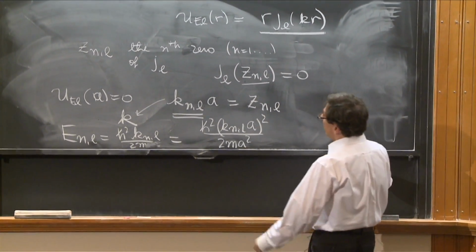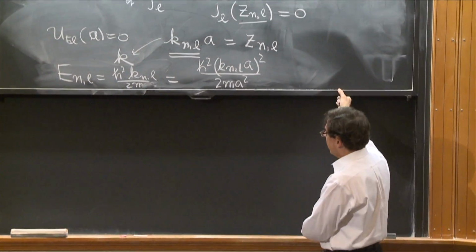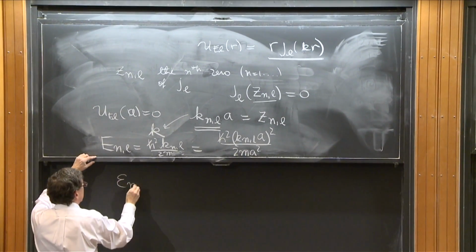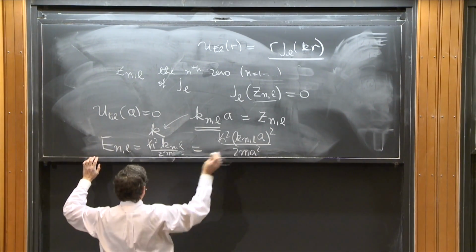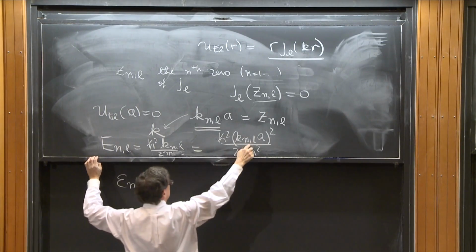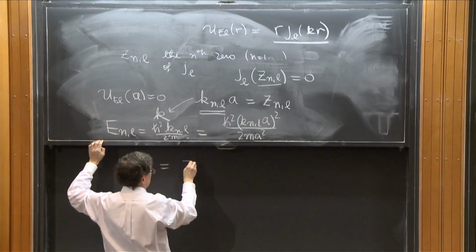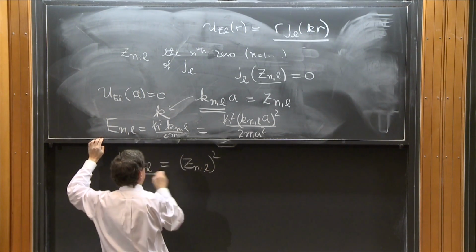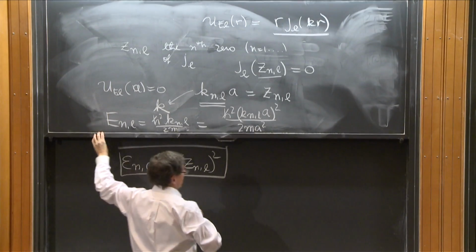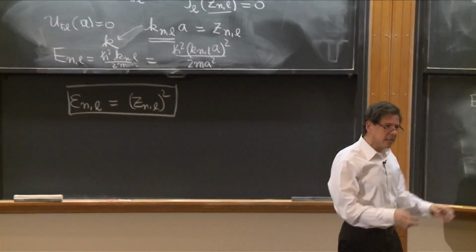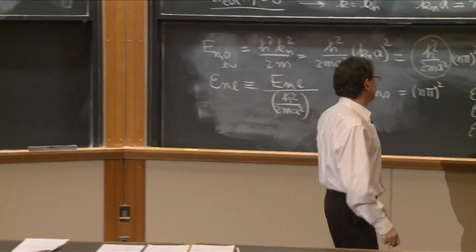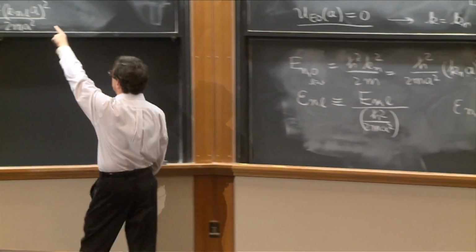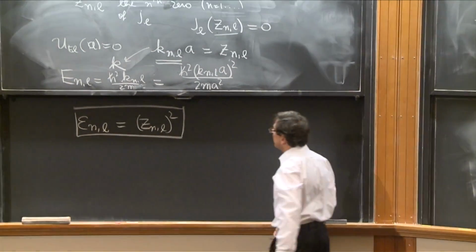So what you learn from this is that E_nl, you divide this by that, is just (k_nl a)², which is Z_nl squared. So that's the simple result: the E_nl are just the squares of the zeros of the Bessel function.